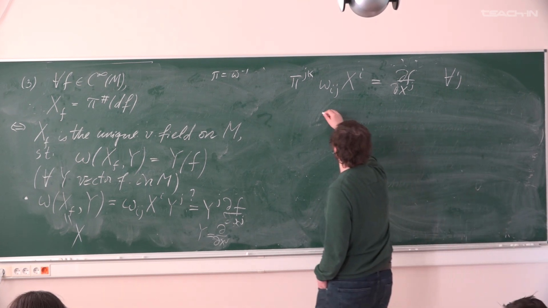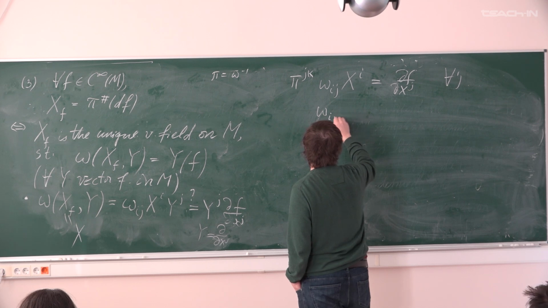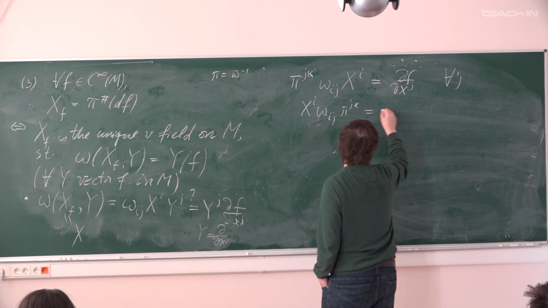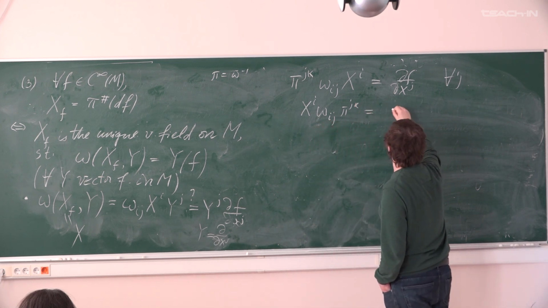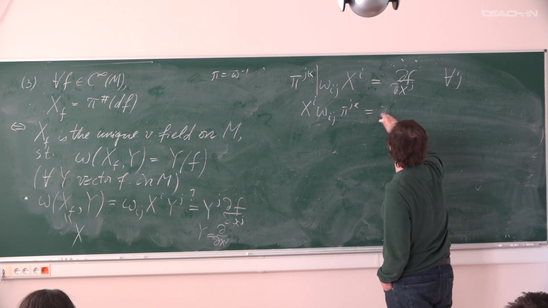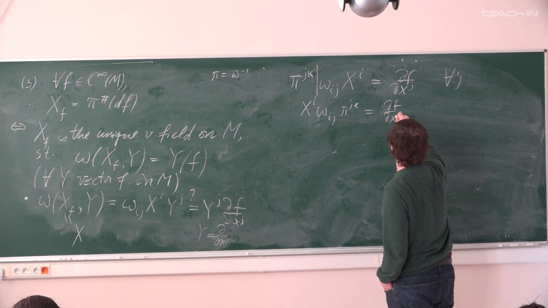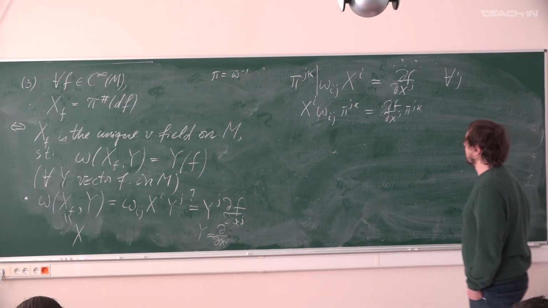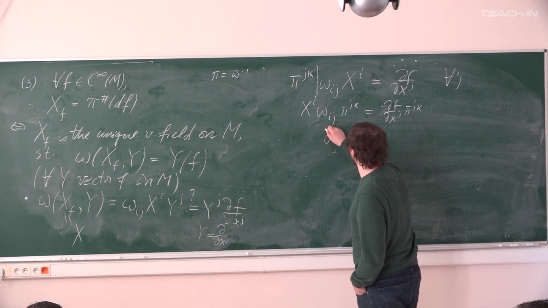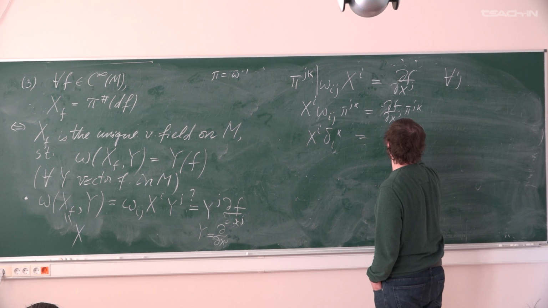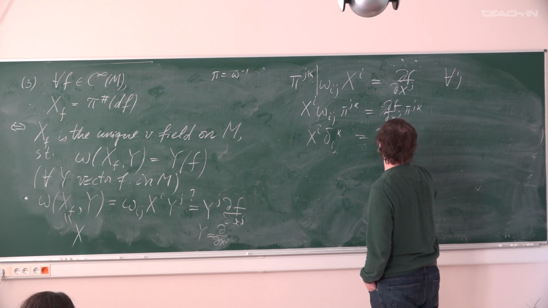And what we get is omega ij xi pi jk is equal to df dxj pi jk. Right? And finally, here we have delta ik xi, and here we have df dxj pi jk.